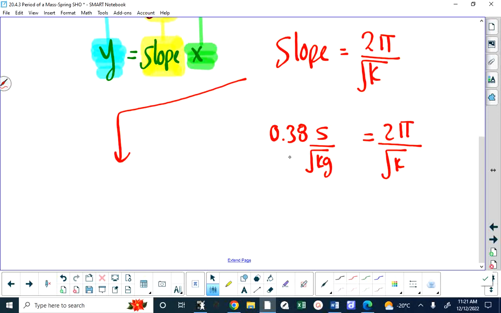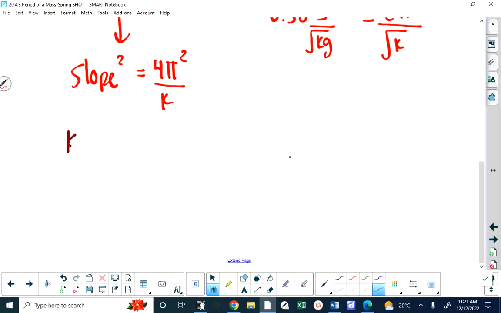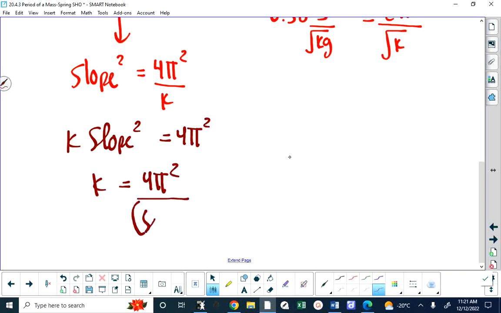Why don't we square both sides of this statement, which would turn it into slope squared equals 4 pi squared over k. Why don't we multiply both sides by k to make it even simpler and get k slope squared equals 4 pi squared, which means k will be equal to 4 pi squared over the square of the slope. That's what you have to do, whatever the slope is.